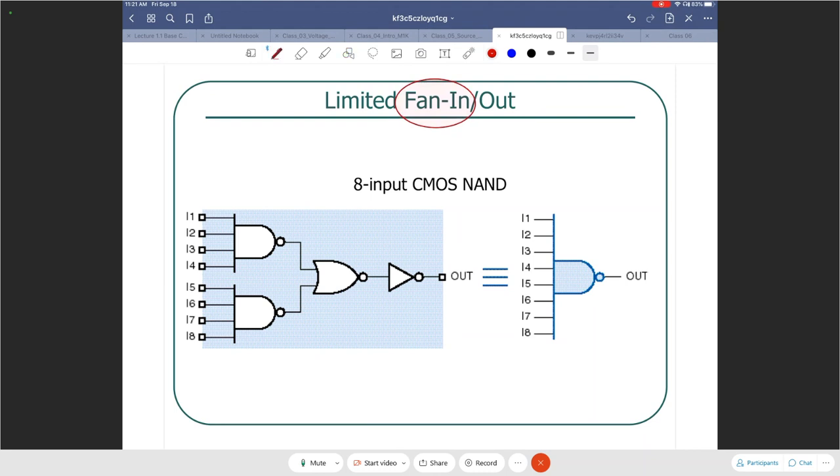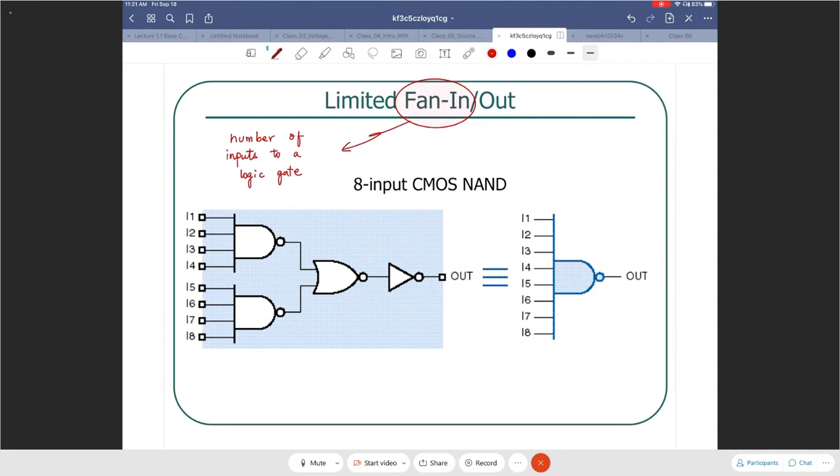Fan in is simply the number of inputs to a logic gate. We will see why we cannot have an infinite number of inputs to a logic gate.